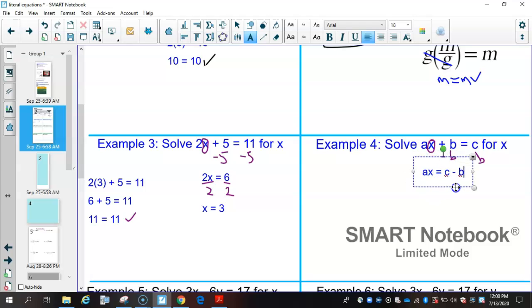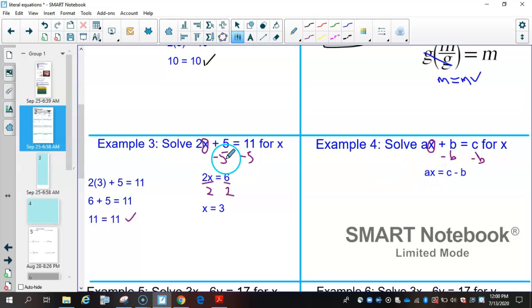Now notice that I still have all of my variables. C and b are not like terms, so I cannot combine them. I'm going to repeat that, and you'll probably get sick of hearing that from me, but you cannot combine these unless they have the same variable. So just continue to keep that in mind.